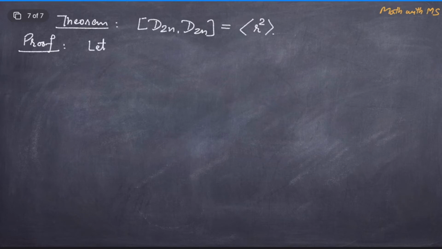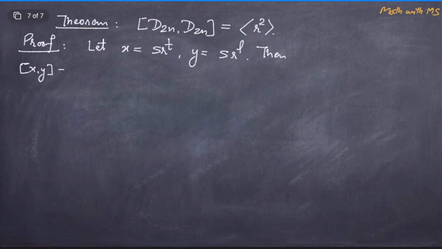So, let us say x equals SR to the power t and y equals SR to the power L. Then what is the commutator xy? Commutator xy turns out to be the same as R to the power minus t S R to the power minus L S R to the power t into S R to the power L. S will get cancelled.